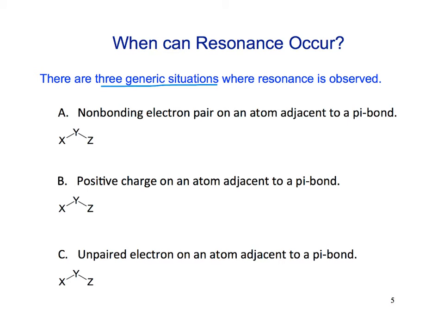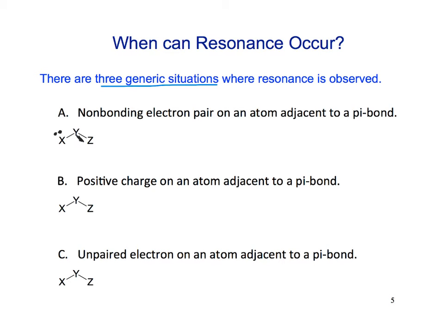So type A will be where we have a non-bonding electron pair on an atom adjacent to a pi bond or a double bond. All right, so in this case, I'm going to put a non-bonding pair here. So we have a lone pair on an atom next to a double bond.